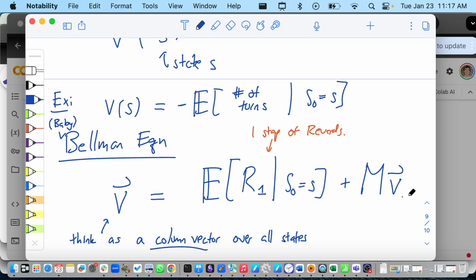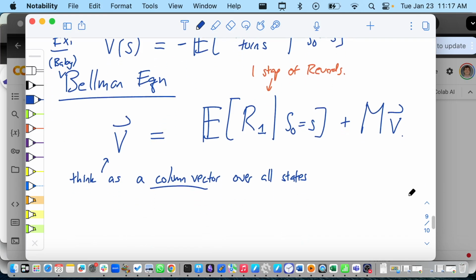But this equation will give you a solution. And what this is saying is, remember, the probabilities were evolving according to the matrix M multiplied on the left. The value function evolves with M multiplied on the right as a column vector. And you have this nice equation. This should remind you of the equation P equals P times M, the steady state equation.